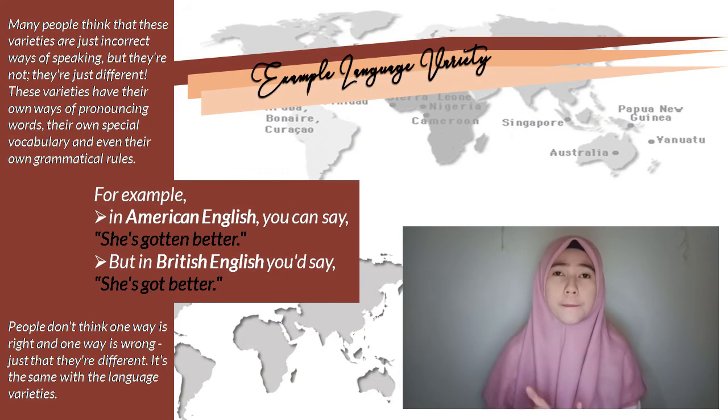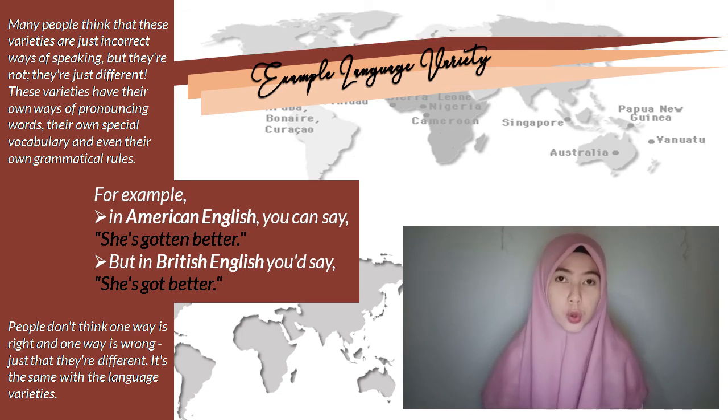Okay, next, many people think that these varieties are just incorrect ways of speaking, but they're not. They're just different. These varieties have their own ways of pronouncing words, their own special vocabulary, and even their own grammatical rules.